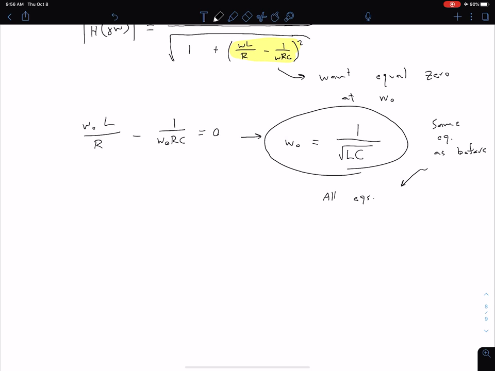All equations from our series resonance notes apply here. Remember, we had several different forms of these equations, but some of the key values were our omega 1, omega 2, our bandwidth B, our quality factor Q, and then of course, as we've already circled above, our resonant frequency omega naught.